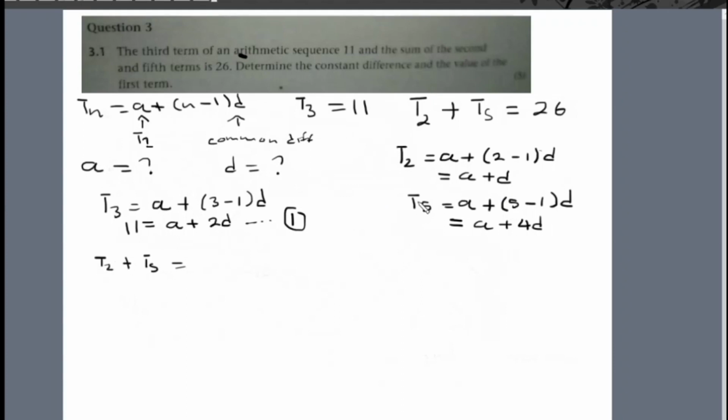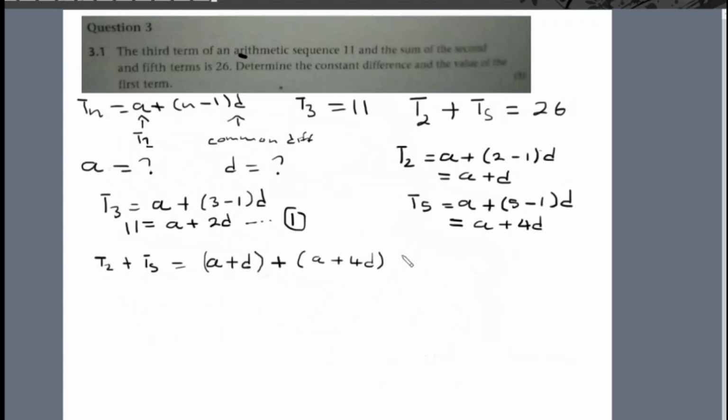But T2 is a plus d, right? And then this is T2, plus T5. T5 is a plus 4d, that is a plus 4d, right?